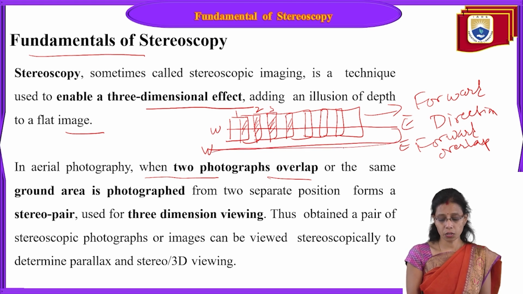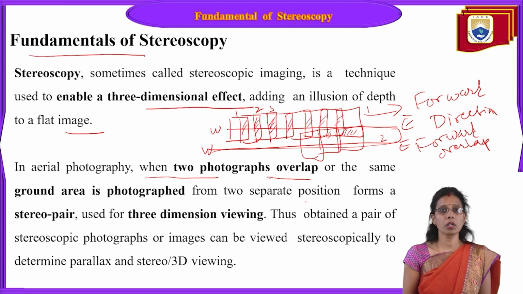When it goes from east to west, again it clicks photo 1, photo 2. So we will have some overlap area between the first flight line and the second flight line. This overlap area we call end lap, and the other overlap area we call forward overlap.